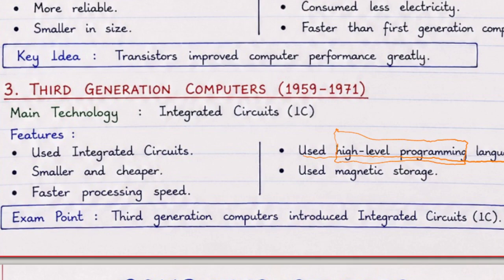We have the machine language, the low level, and the high level. High level is very close to human language when writing programs. It uses magnetic storage. So third generation computers introduced integrated circuits.